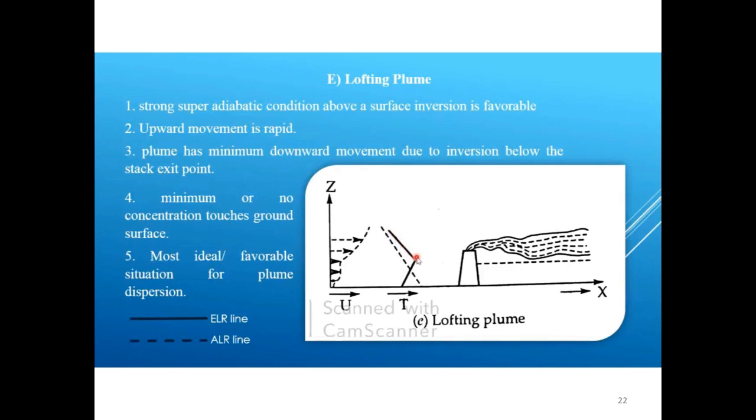Due to this dual environmental situation, that is, from the ground surface up to a certain point inversion, and above the inversion super adiabatic condition, whatever gases or smoke are coming from the stack cannot cross the inversion layer barrier and cannot go in the downward direction.